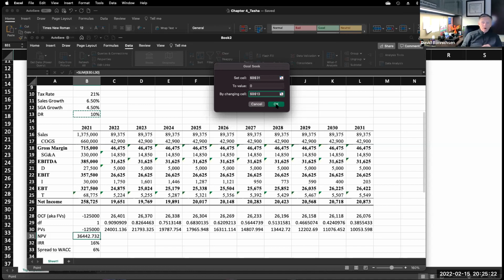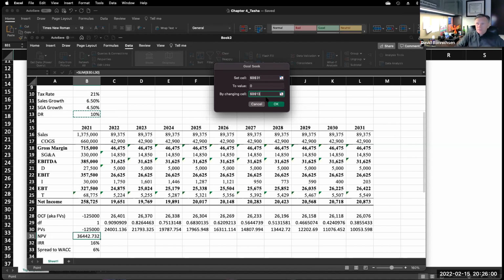And if our IRR calculation of 16% is correct, and IRR is representative of the discount rate that is necessary to set the net present value to zero, then by doing the goal seek on the discount rate, I dang well better get the same number, right? My IRR and my goal seek discount rate better be the same number, because the entire purpose of the IRR is to figure out what discount rate is required to have $0 of NPV.